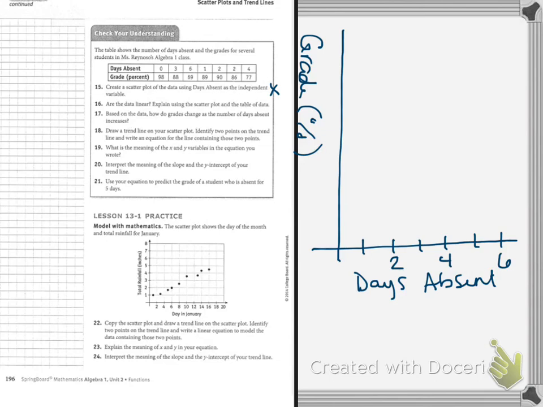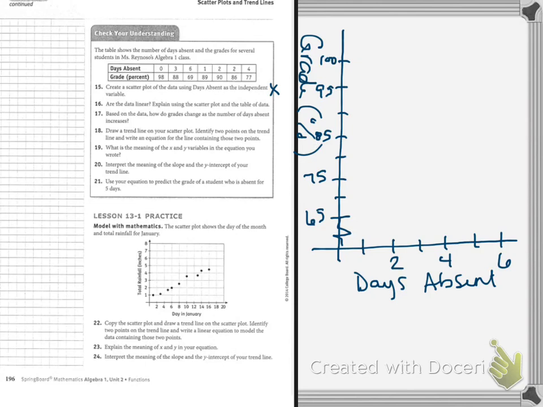Now I'm going to do a graph break here. If you remember, we talked about that a couple years ago, and that's where we're not going to start right at 0 because otherwise we have all this extra space. 85, 90, 95, 100. So my scale is actually 5s there, even though I only labeled every other one.